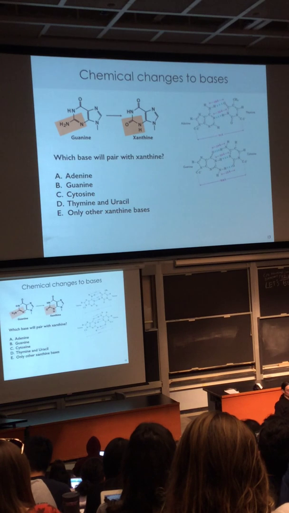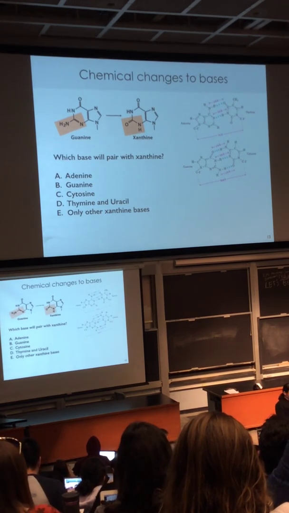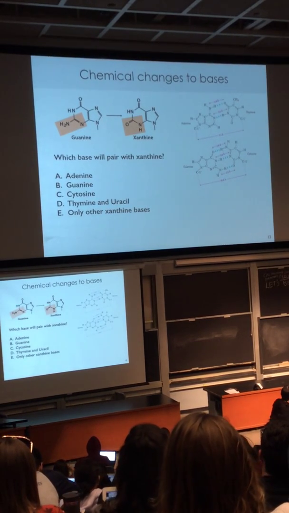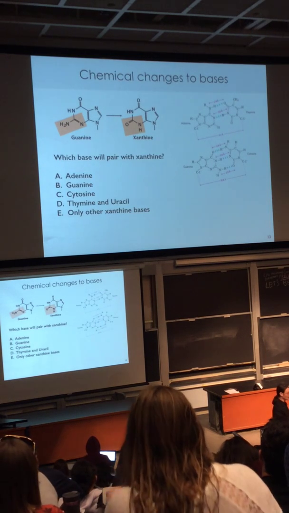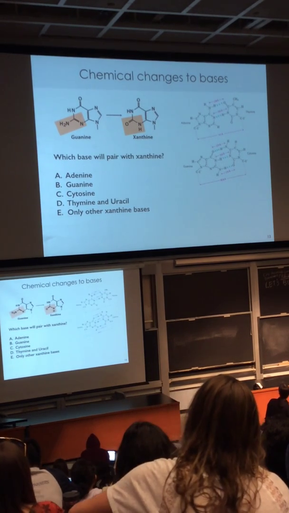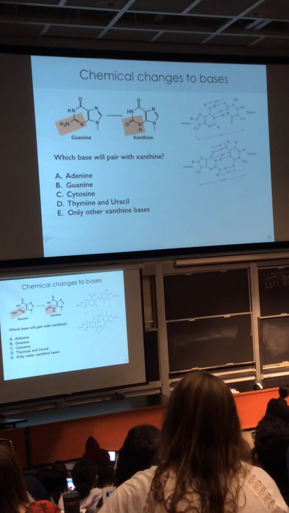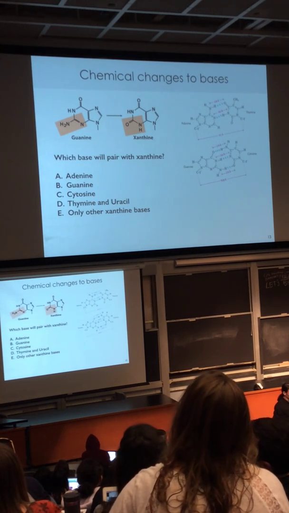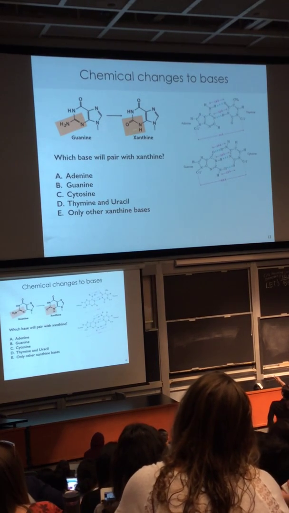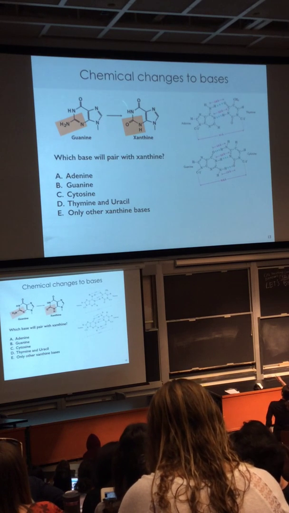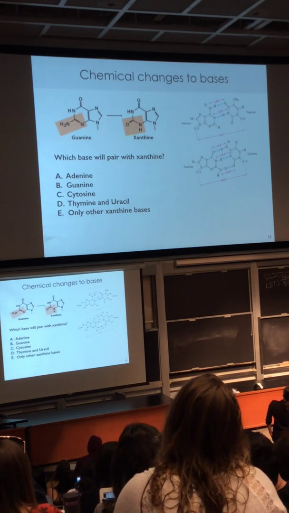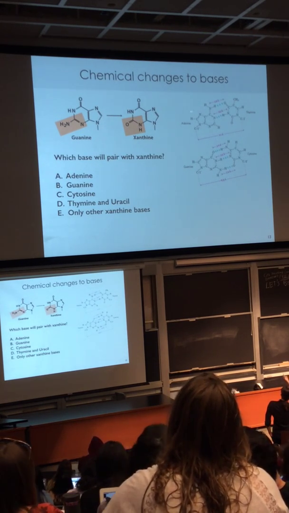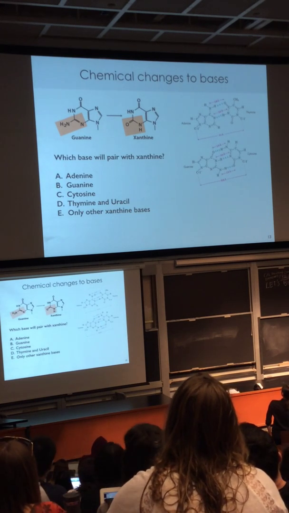So if you could get out your clickers now. Here's a third case where you can have the deamination of a base. Guanine does also have an amine on it, and it is capable of being deaminated to xanthine, which is shown here. For your reference, I've put up the canonical AT and GC base pairs here.